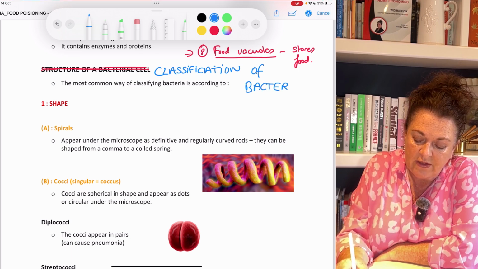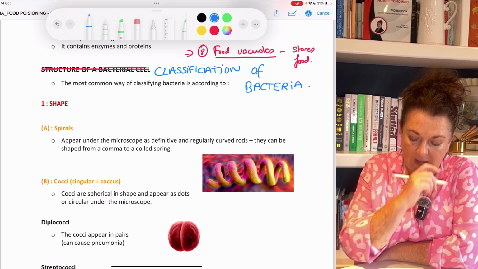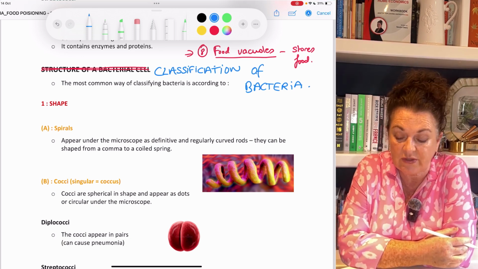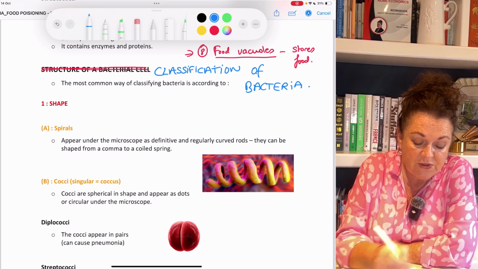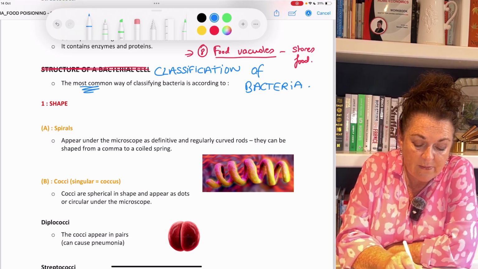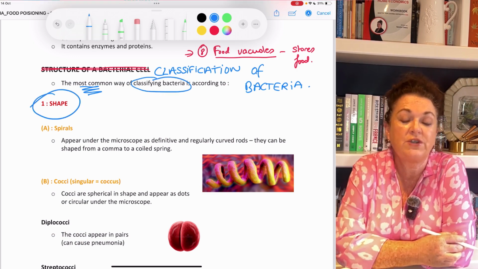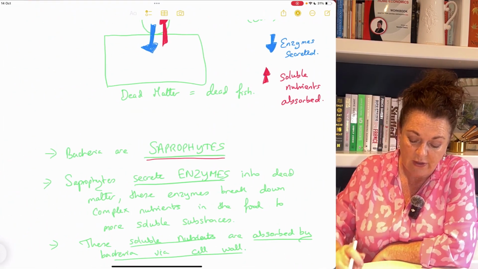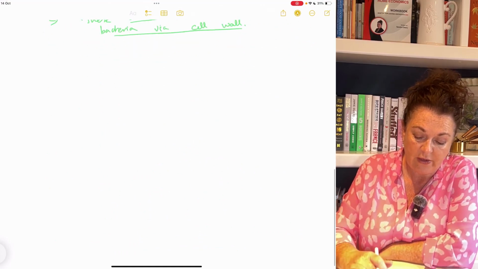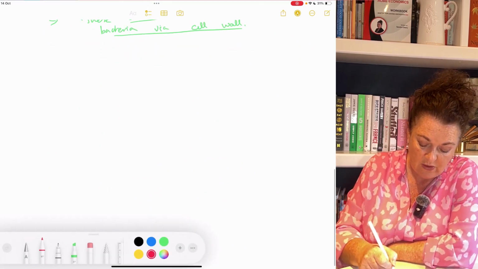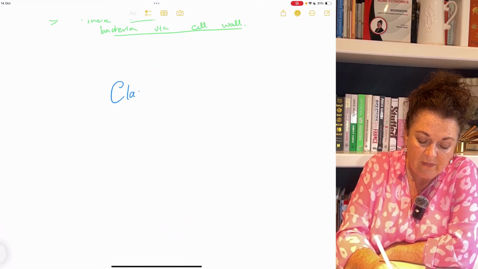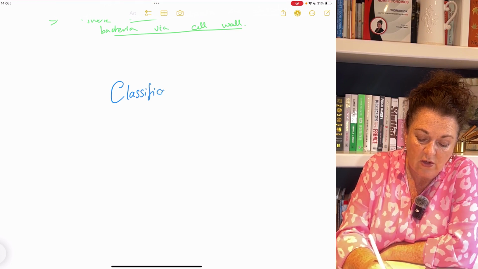Now, if I saw that on a short question, I'll show you how I would answer it in a few minutes. But the most common way of classifying bacteria is according to shape. So if we just move over here, we'll take our heading, classification of bacteria.